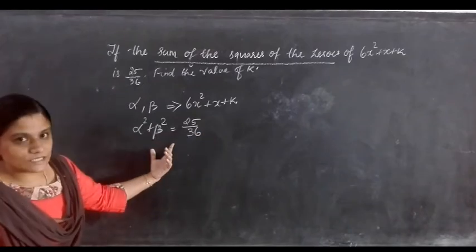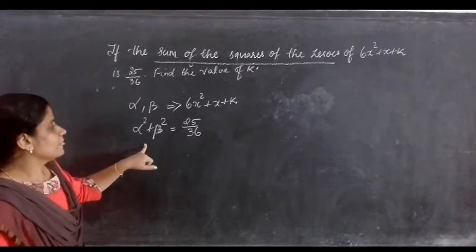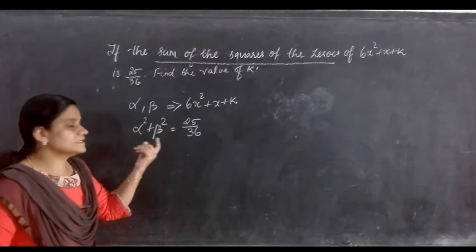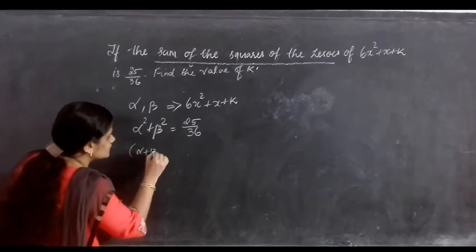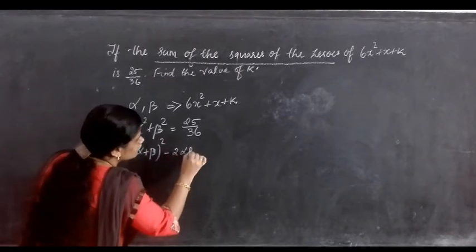This is the condition given to us. Sum of the squares of the zeros. Okay. So here we all know we can write this alpha square plus beta square in the form of, what is that? Alpha plus beta whole square minus 2 alpha beta.